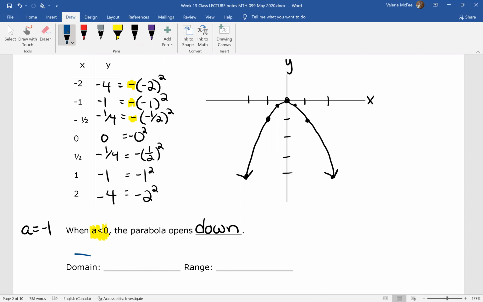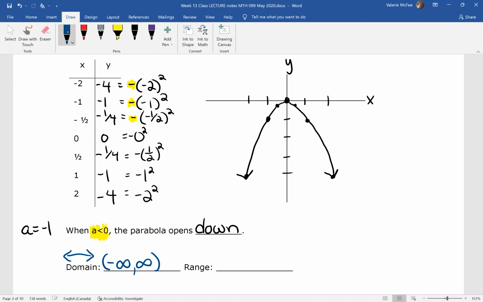When we look at the domain left to right, we see it continues infinitely to the left and infinitely to the right. So the set of all real numbers. Remember, I said that that is the domain for all quadratic equations. What about the range? What's the lowest point?